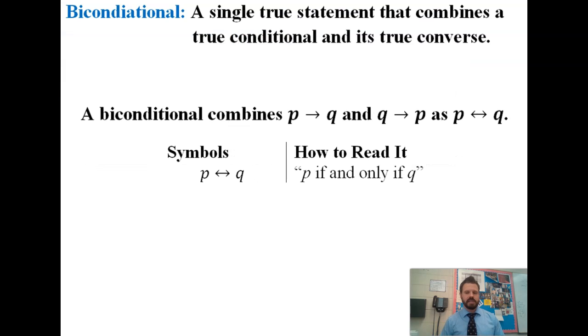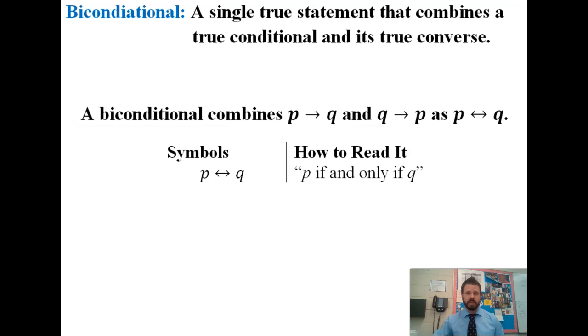So what is a biconditional? Let's say it's a single true statement that combines a true conditional and its true converse. We talked about conditional statements and converses in our last lesson. Remember, to get a converse from a conditional, we flip-flop the hypothesis and conclusion.